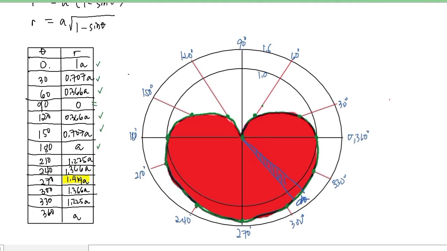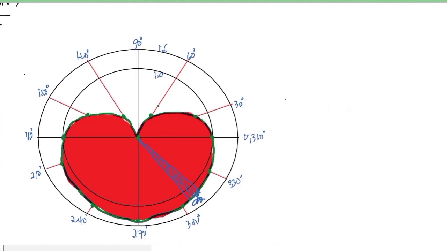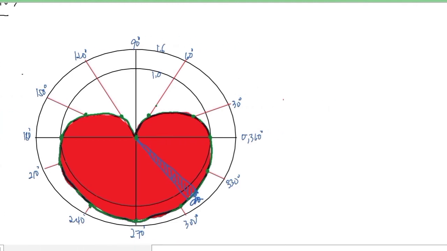Yan yung representative sample natin para makuha natin yung area ng cardioid natin. Now, kung babalikan natin yung formula, ito yung area na to, yan yung differential area natin.